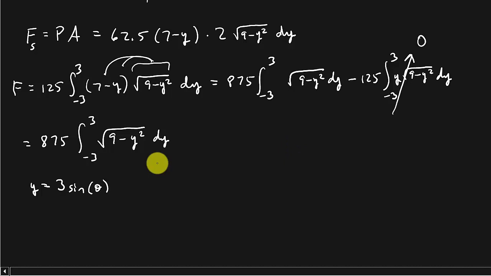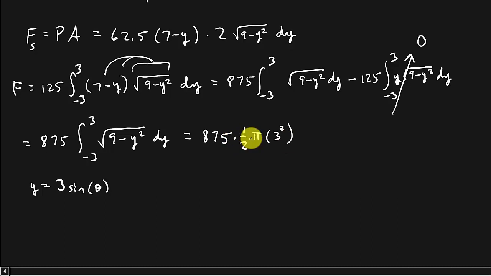So, what's the area of a circle? It's pi r squared. So this would be the 875, and this is just the area of a semicircle. Well, the area of a circle would be pi times r squared, but since we have a semicircle, that's 1/2.